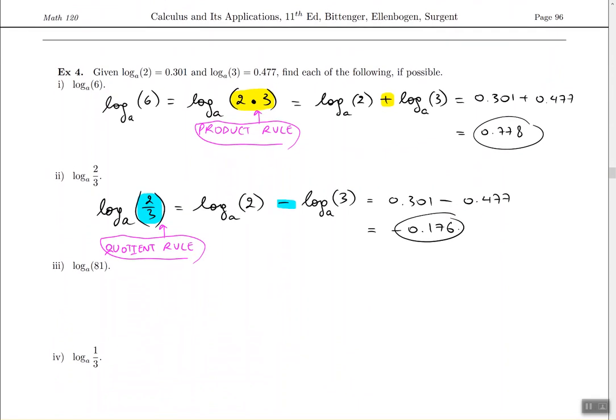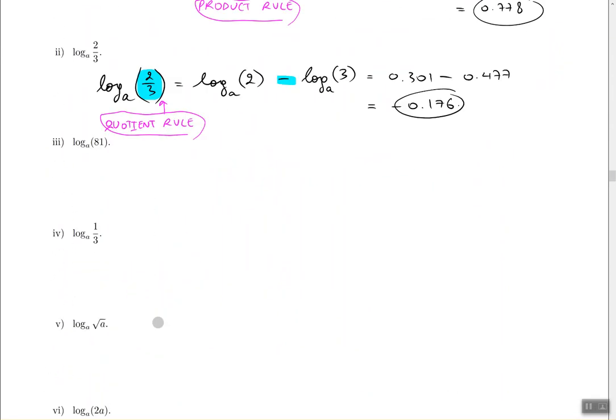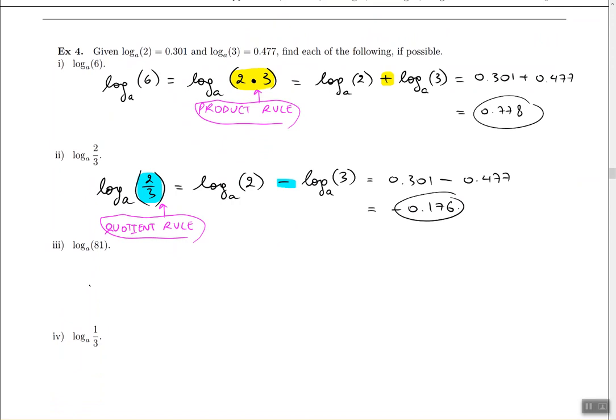The next one has log base a of 81. There are a lot of them, but let me do one more and then we'll stop the video and start another video. So in this case, I should think to myself, is there a way to write 81 as a product of 2's and 3's, or maybe as a power of 3 or a power of 2? I hope you remember that 3 to the power of 4 is exactly 81. So I can replace 81 with 3 to the power of 4. Why would I want to do this?